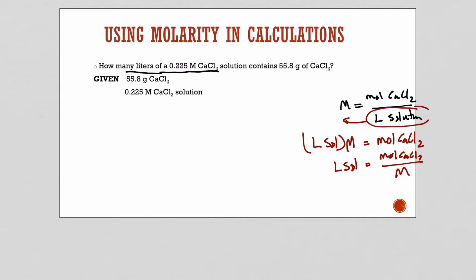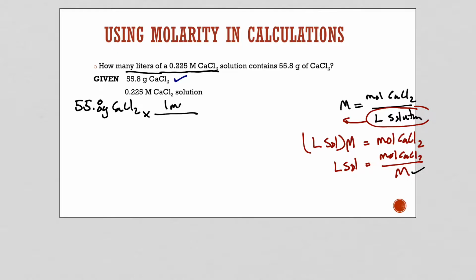So what do I know? Well, again, I know the grams, not the moles, so I'm going to have to do that conversion. And I know the molarity. So I got this one, I'm all good there. But I have to get to my moles. So again, we're going to start with my 55.8 grams of calcium chloride. And I'm going to use my molar mass.